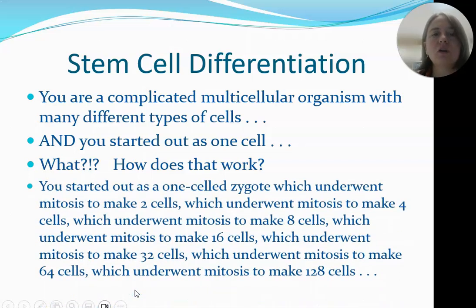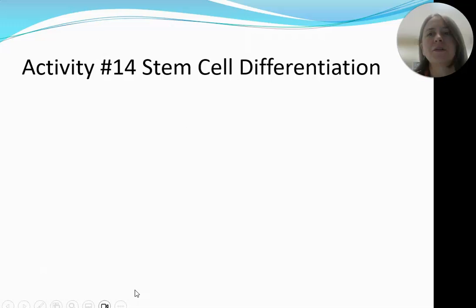Well, you started out as a one-celled zygote, which was a fertilized egg, which underwent mitosis to make 2 cells, then 4 cells, then 8, then 16, then 32, then 64, then 128 cells.